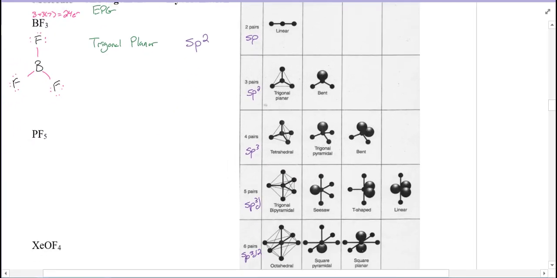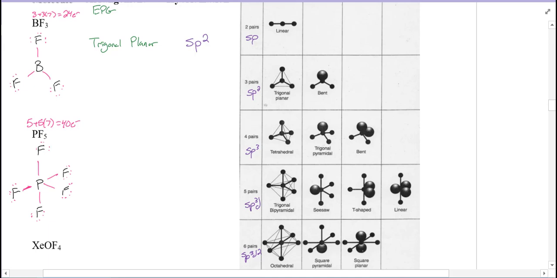All right, phosphorus pentafluoride. Electron count. We have 5 for phosphorus plus 5 times 7, so that would be 40 electrons. Who's in the middle? Well, not fluorine. So F, P, F, F, F. Bond 2, 4, 6. Oh, I got a little carried away right there. 6, 8, 10. Octets 12, 14, 16, 18, 20, 22, 24, 26, 28, 30, 32, 34, 36, 38, 40.